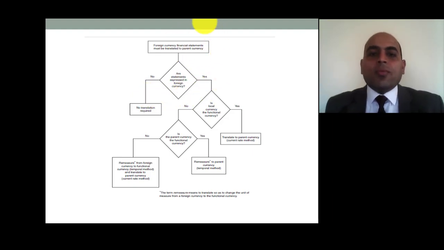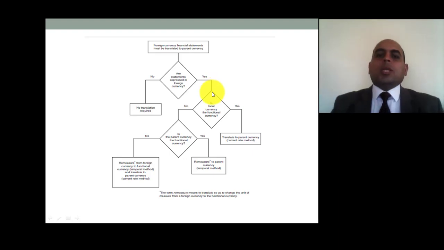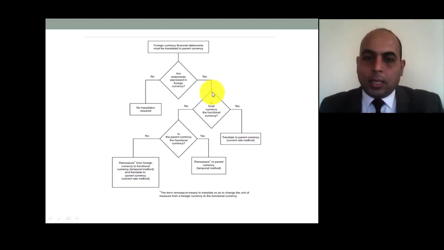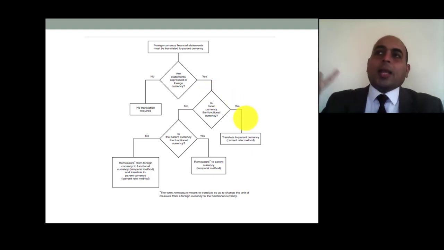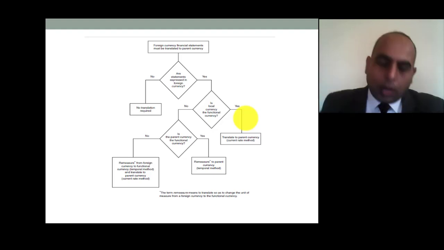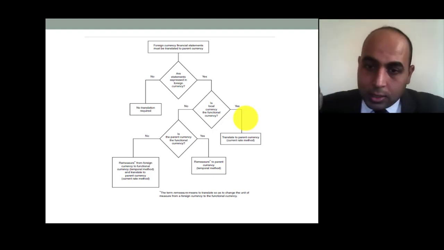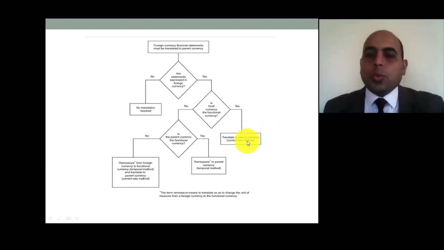But if the statements are expressed in a foreign currency, now you have to determine: is the local currency the functional currency? If they use the Egyptian pound as the functional currency, and the Egyptian pound is the local currency of Egypt, then in this case we will use the current rate method.